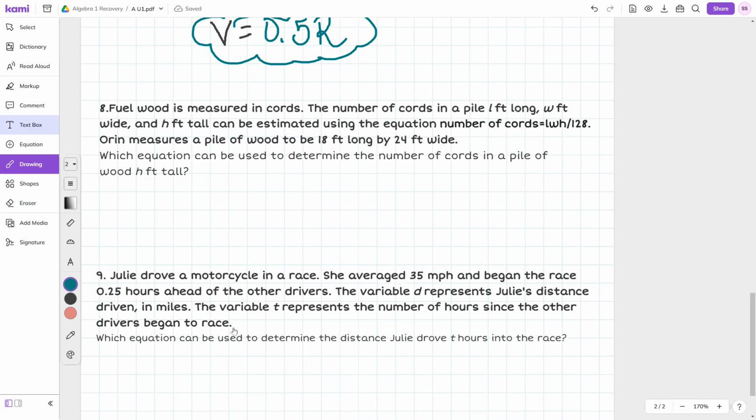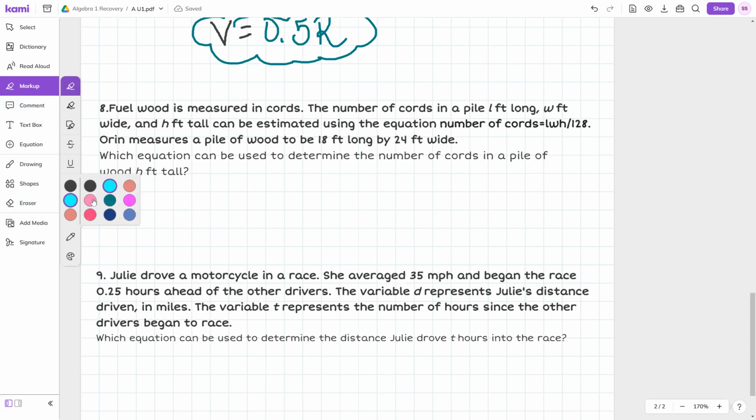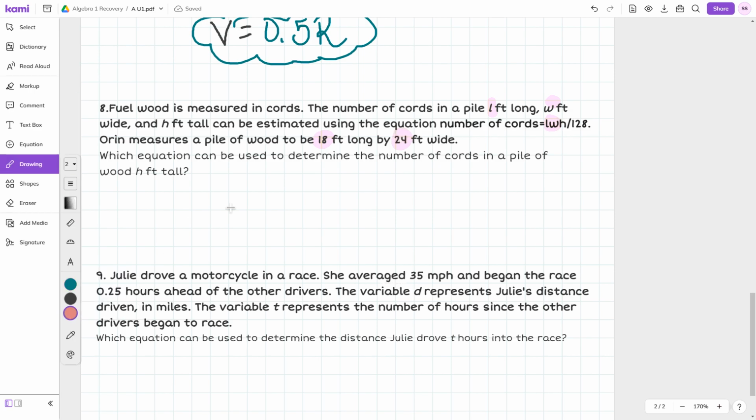Okay. So real quick, I'm going to show you my numbers. I have L and W, 18 feet, 24. That's where it sits in my equation right here. So I'm going to substitute that out. 18 times 24.